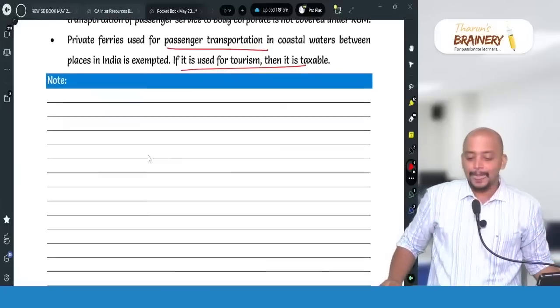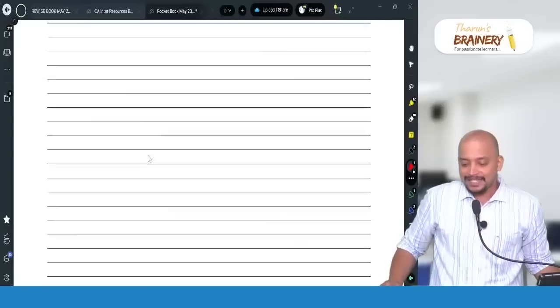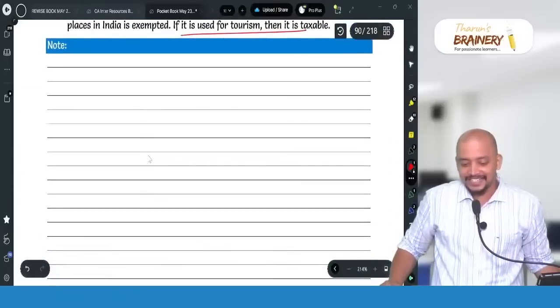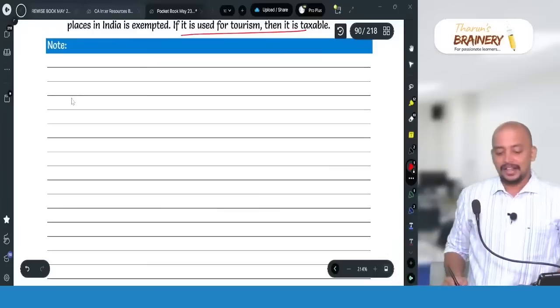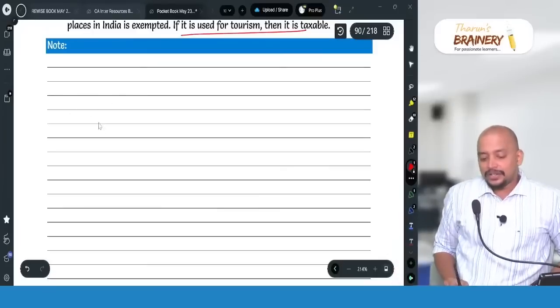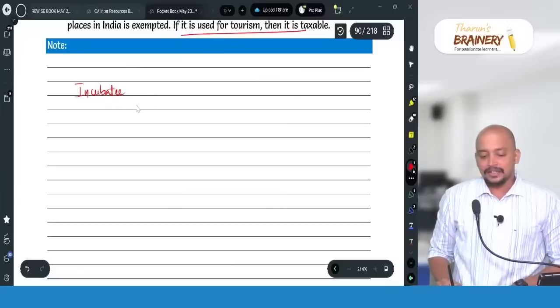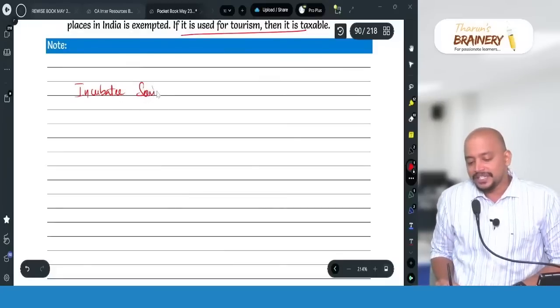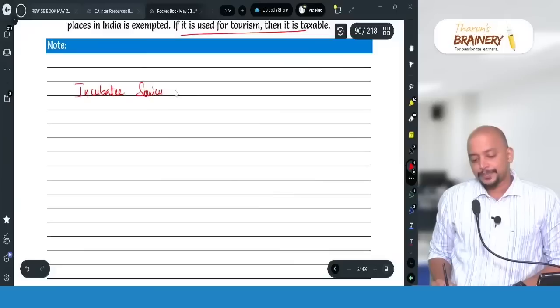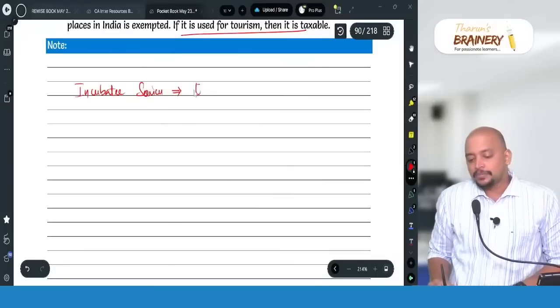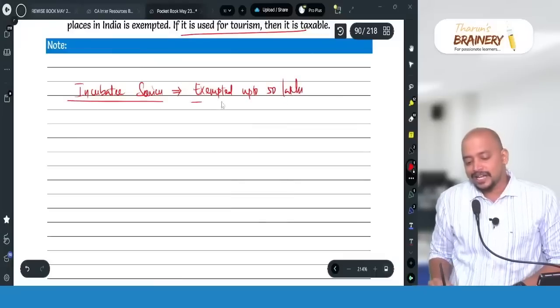Then see this, page number 88. Just write down: incubating services exempted up to 50 lakhs. And what are the conditions?